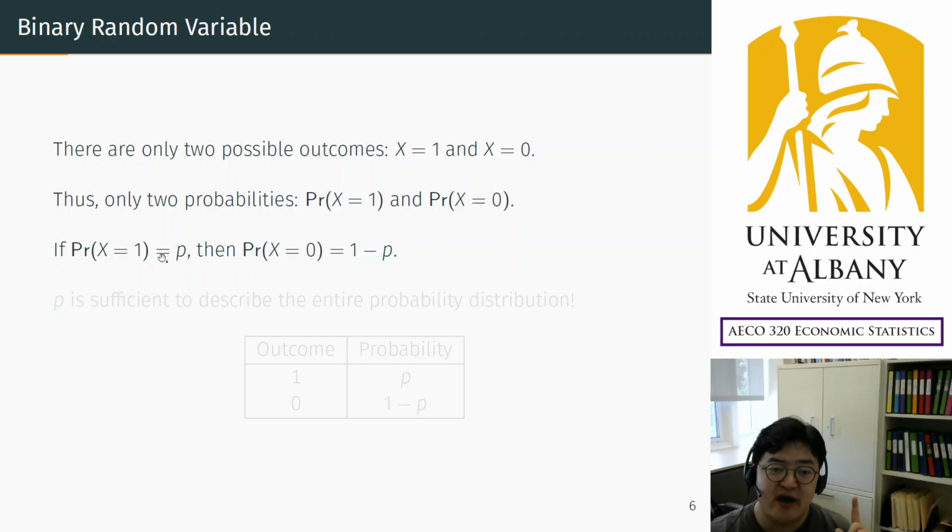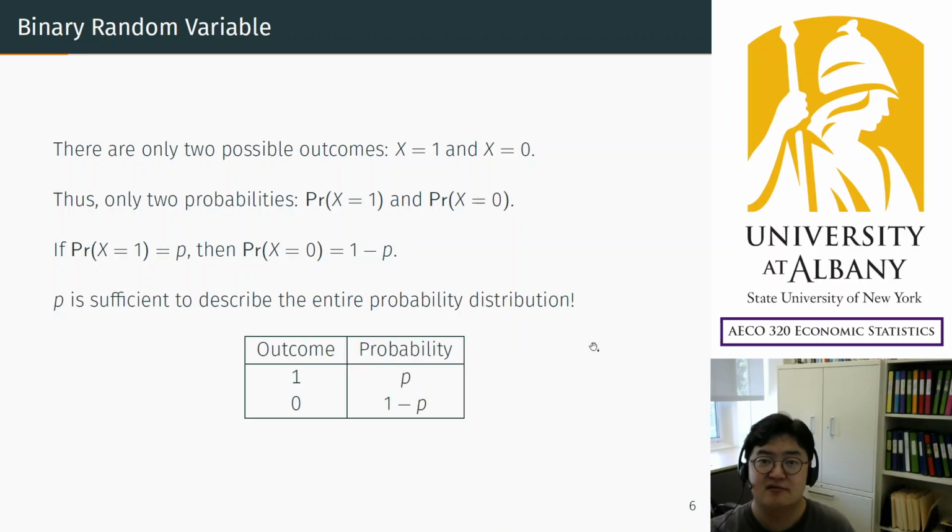Then automatically the probability of failure, the probability of 0, should be 1 minus p, because there are only two probabilities and the sum of these two probabilities must always be 1. So this is full information, and the only unknown is the parameter p. If you can fill in this number, then you know everything about the distribution. This is the simplest possible statistical model.